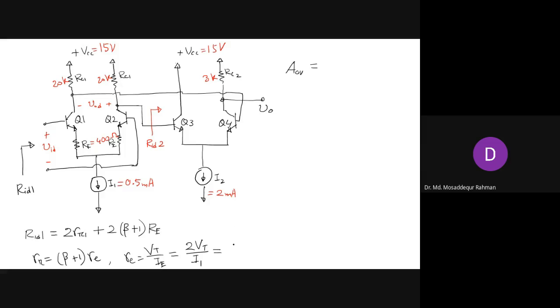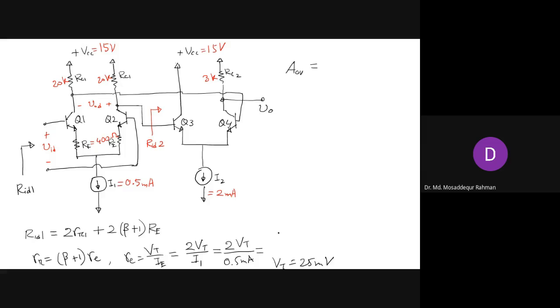Now what is Vt? Vt is the thermal voltage. We assume a convenient value, let's say 25 millivolt. To be exact, it is around 26, but 25 is a convenient value for calculation.